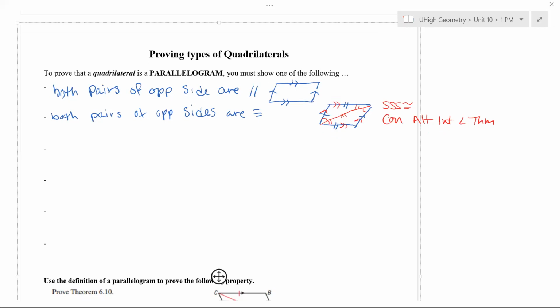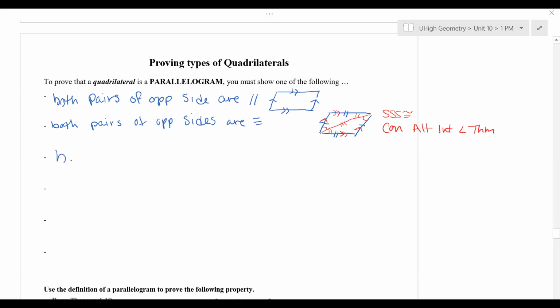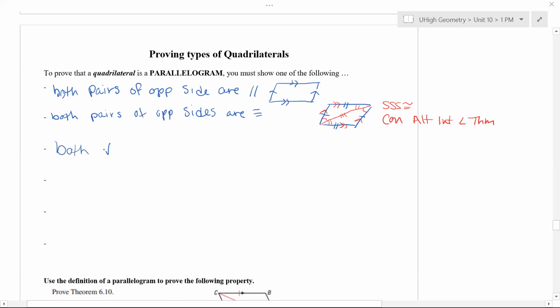All right, the third way that we can prove that a quadrilateral is a parallelogram is if both diagonals bisect each other. I'm going to draw this one out as well and do a quick mini proof.